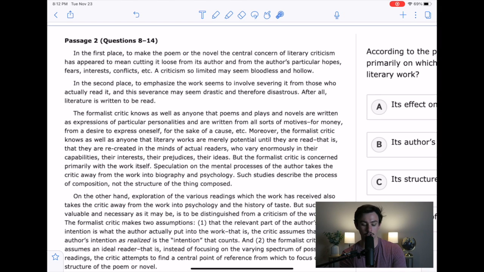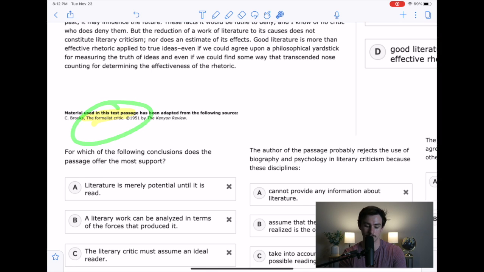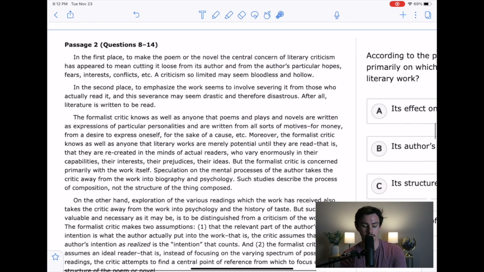Reading this, it says that we are looking at the poem or the novel, and if we want to make this a central concern of literary criticism, which we probably do since this passage is about the formless critic, then what we're going to have to do is, it has appeared, so this means we have good reason to believe, that we should cut it loose from the author and from the author's particular hopes, fears, interests, conflicts, etc. Meaning, if I want to critique a piece of literature, then I don't really care about the author, why they wrote it, what they thought it would do, how they thought you would read it.